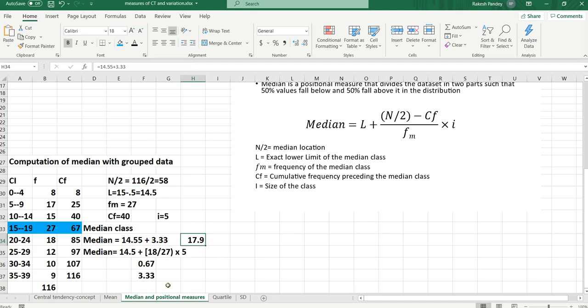So in this example the median is 17.9. I am highlighting this so that you can remember this is the computed median value.